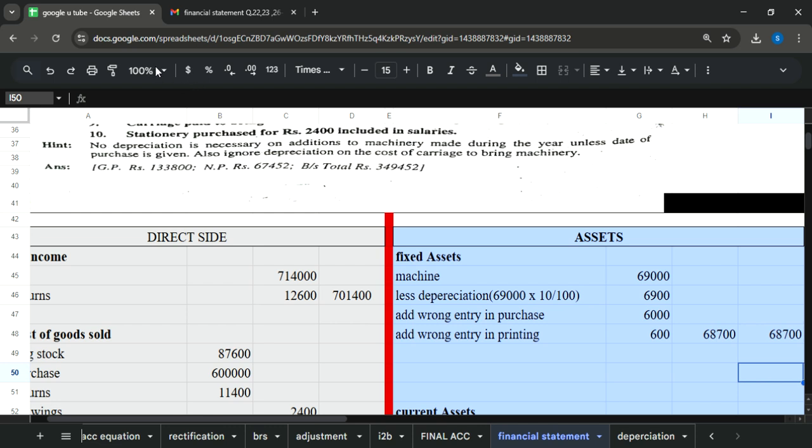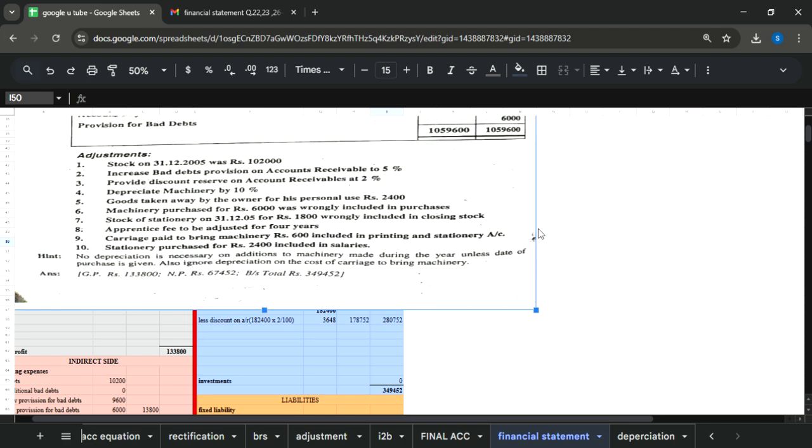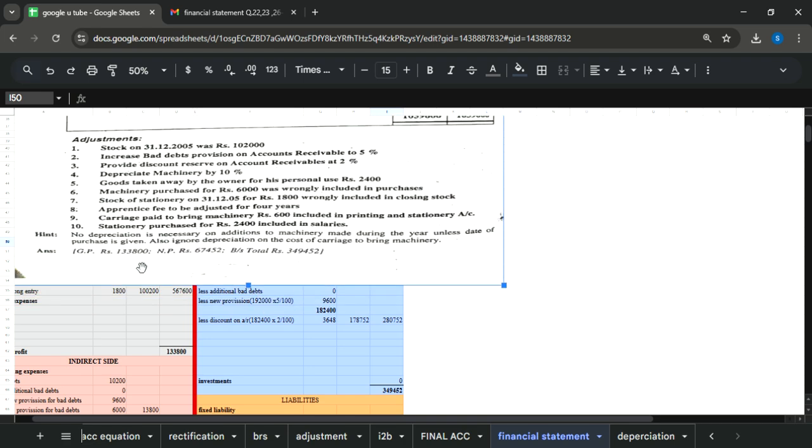Here you have seen all 4 parts have now been solved: first, second, third, and fourth. First part was for gross profit 133,800, and here you can see 133,800. Let's zoom in a little. Here you can see 133,800, 133,800, and this was your asset side 349,452, 349,452.